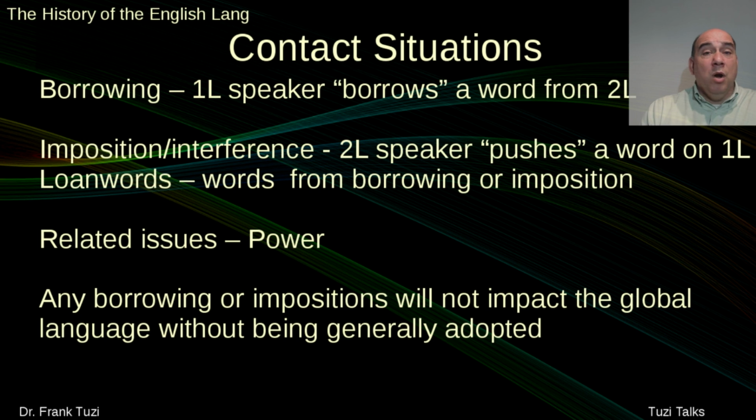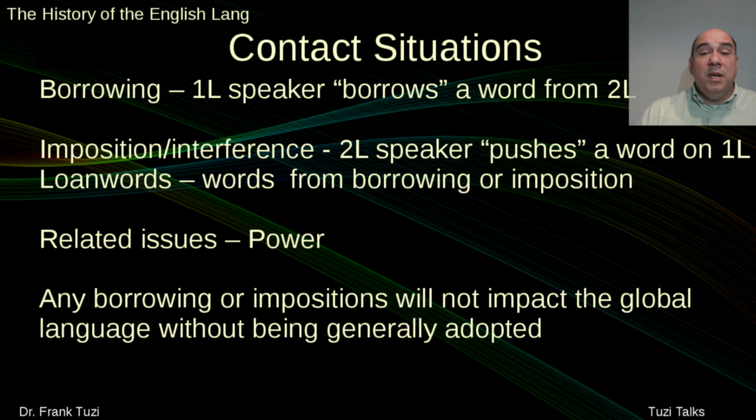And they push a word onto your language. And so you don't have much of a choice. It's being imposed upon you. Okay, that's a problem that we have there. But loan words can be borrowed or imposed. Obviously, the better one is borrowed words. And so, anyway, that's the way things were happening during that time, and it happens even today.